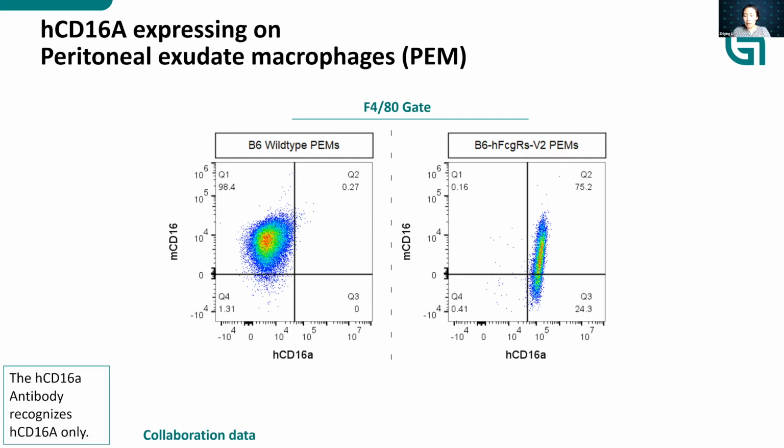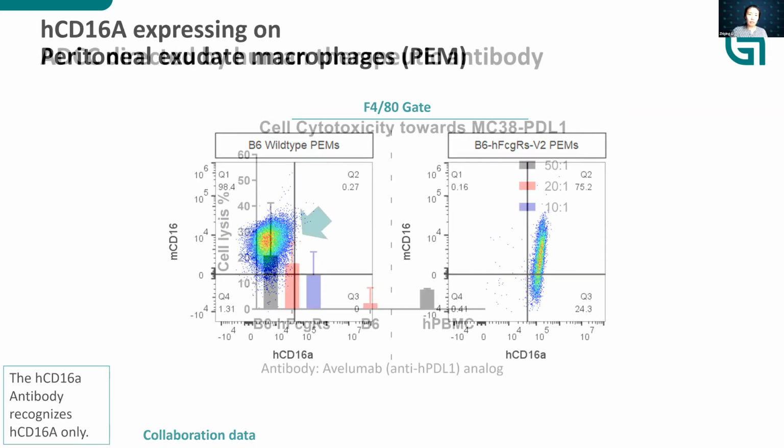Which is basically telling us we believe our engineering worked. We have a fully functional animal, which has the human FcγRs expressed on the mouse immune cells, and the cell surface presentation of the FcγRs is actually human rather than mouse.